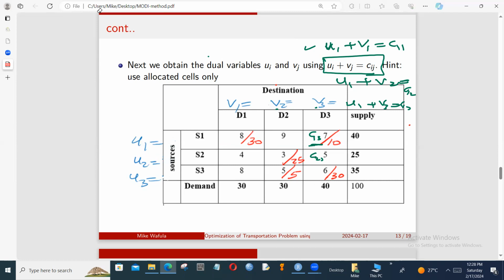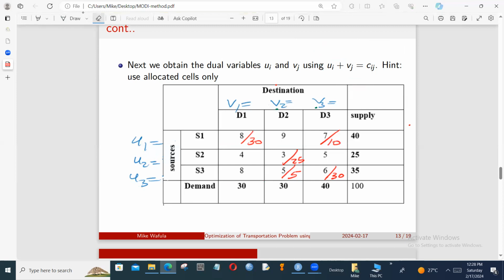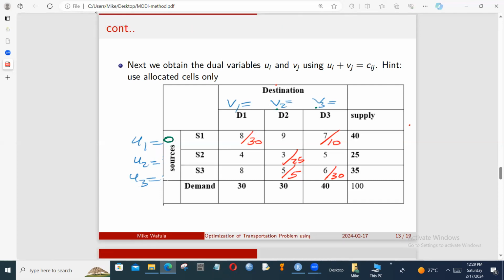You can assign any figure to V1, U1, U2 or V2, let's say a 2, a 1, a 3, even a 10 or a 20. But assigning a bigger number gives you challenges of computation, so assign a small figure. For example, let's suppose I assign U1 as 0, so that I can get U2, U3, V1, V2 and V3.